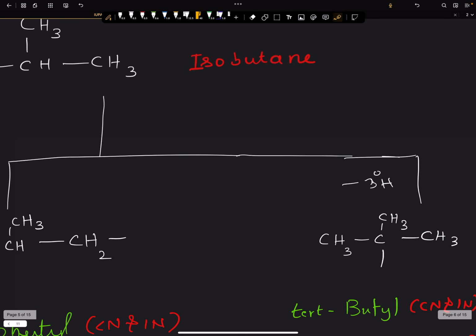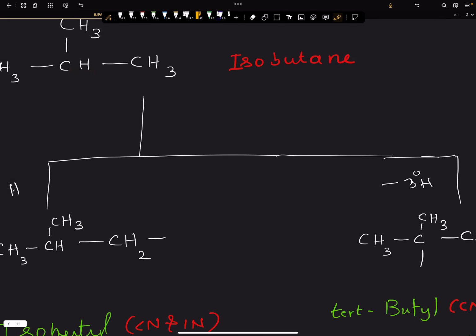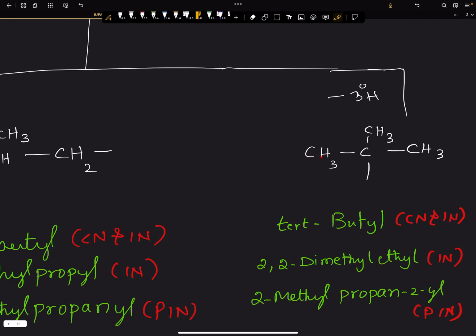When tertiary hydrogen is removed, the group CH3 C CH3 CH3 is formed, which is called tertiary butyl, which is common name as well as IUPAC name. If you give numbering 1 and 2, on the first carbon there are 2 methyl groups: 2,2-dimethylethyl, which is IUPAC name.